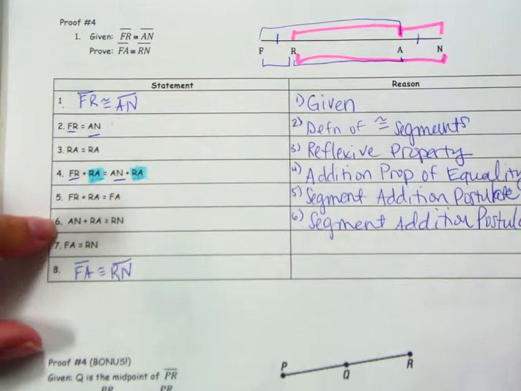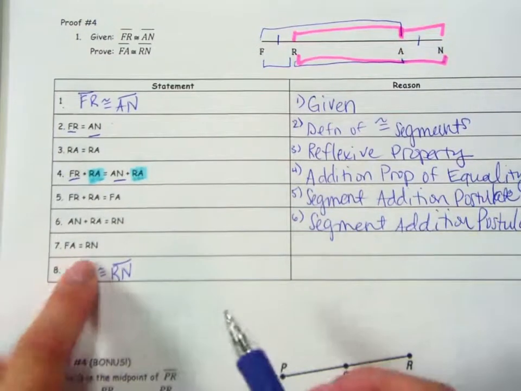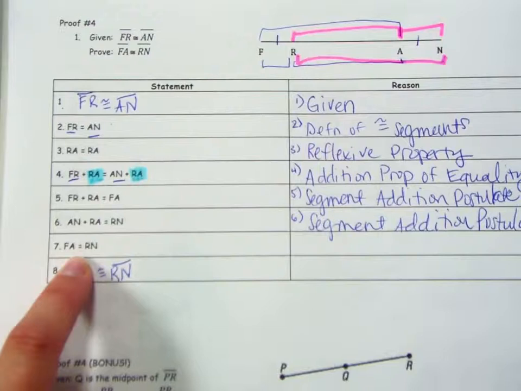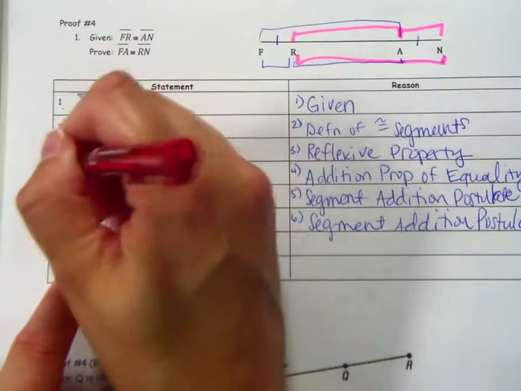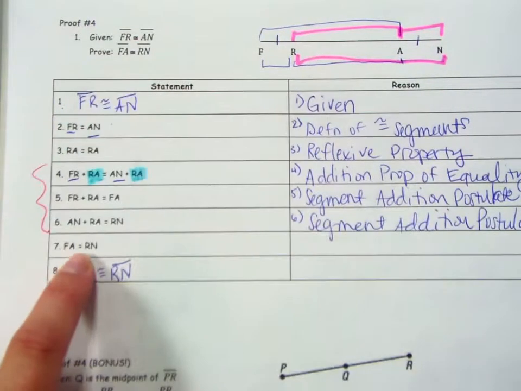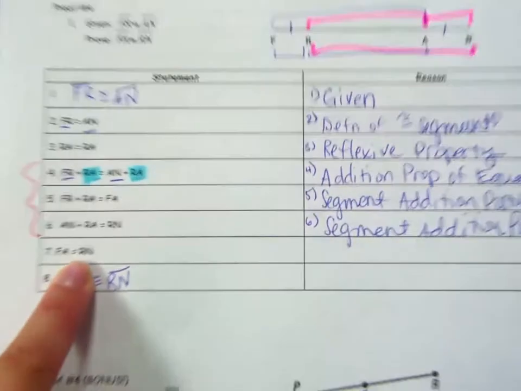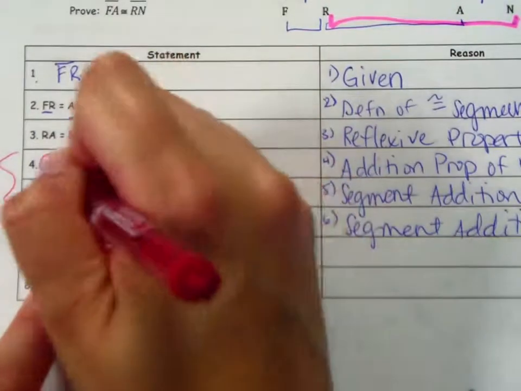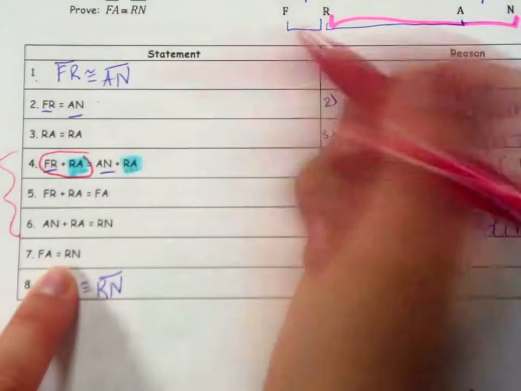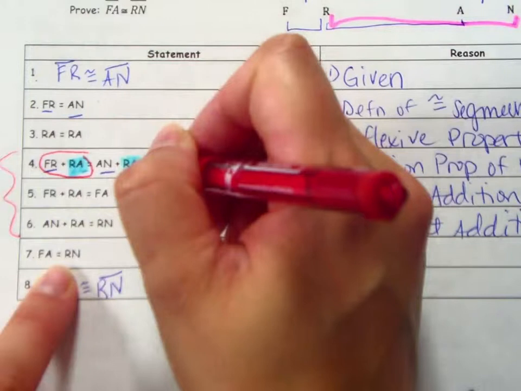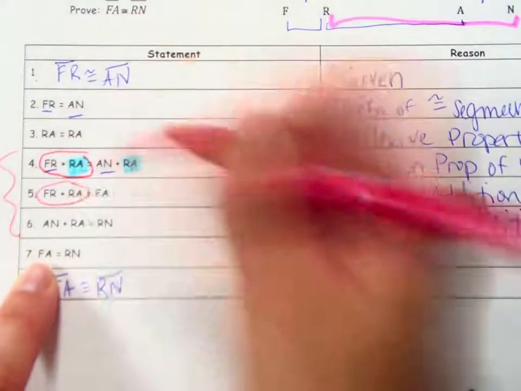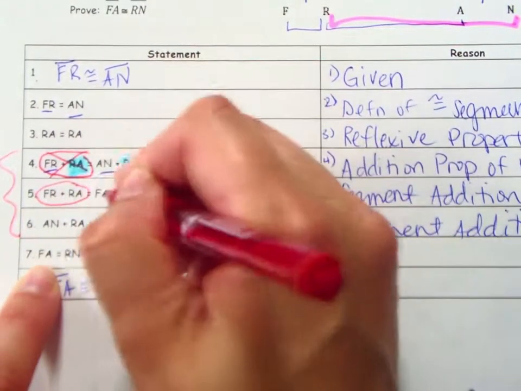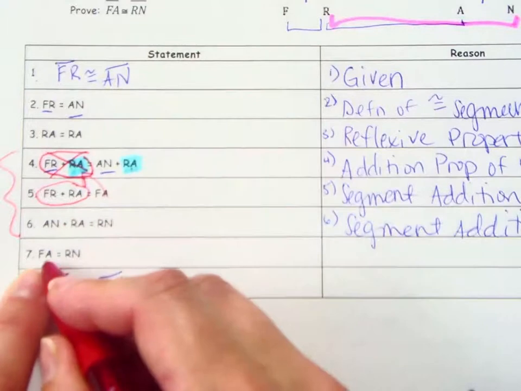All right. Then finally we get down here. So this one takes a little bit of work to see because it uses all of these statements together to get down to number 7. In statement 4, we said that FR plus RA equals the other side. Well, if you see that right here, notice that that's equal to FA. So we're taking that and replacing FA.